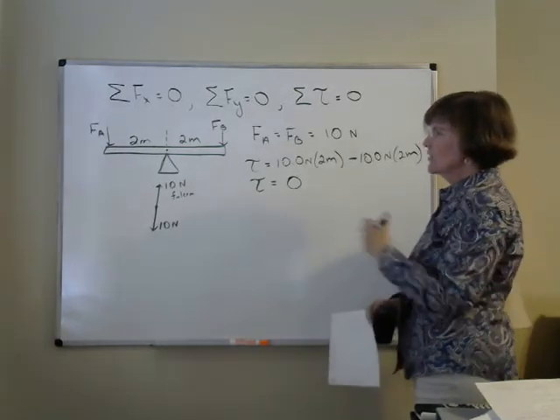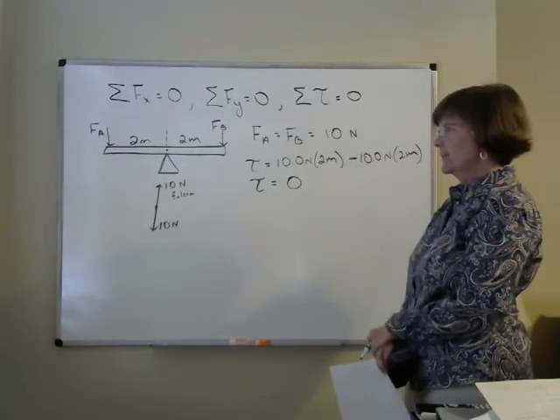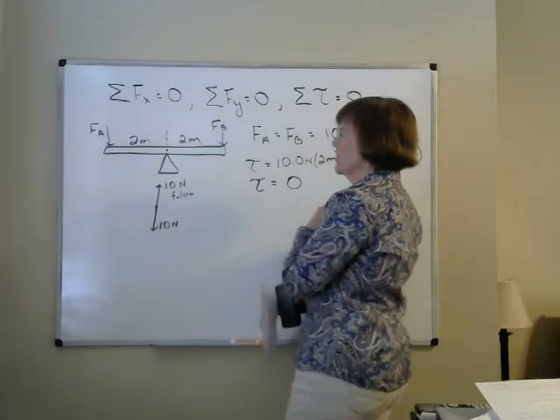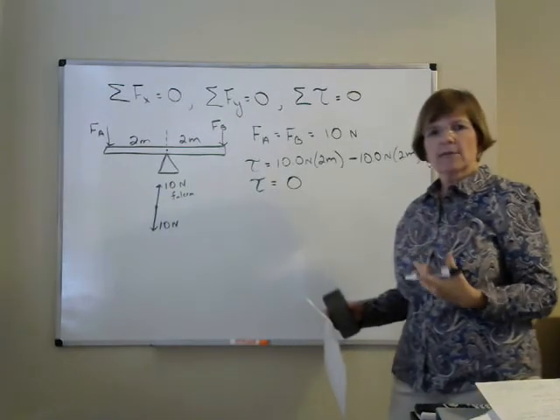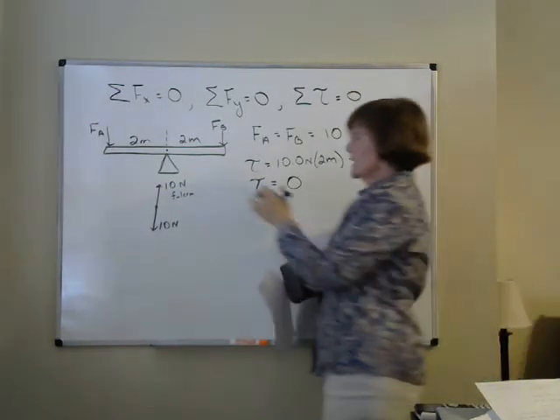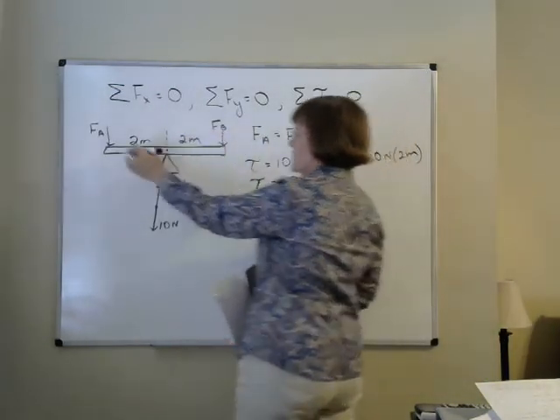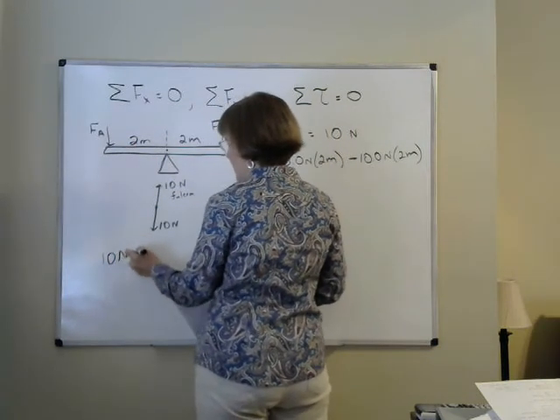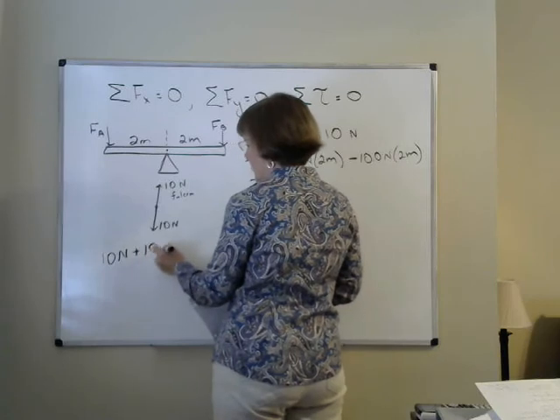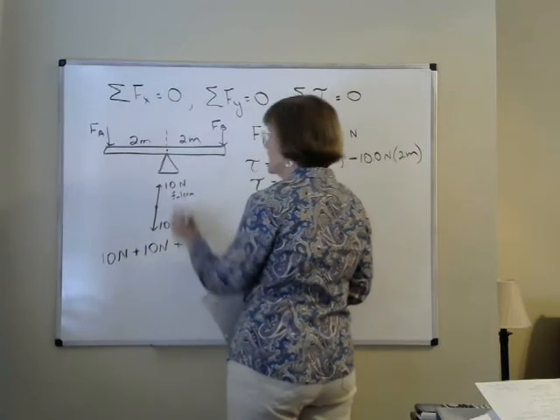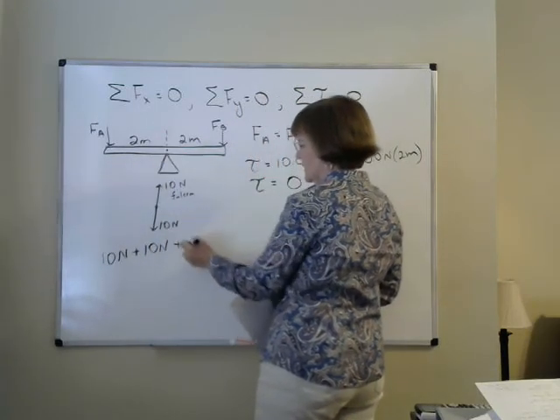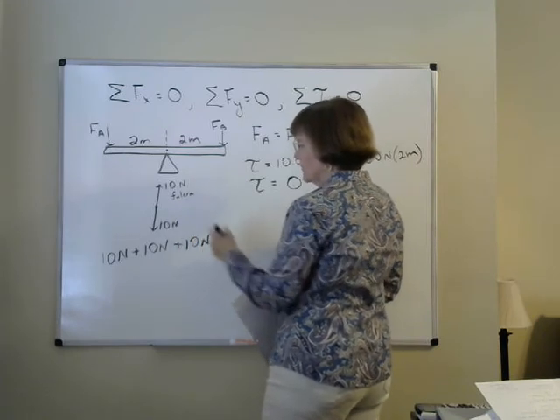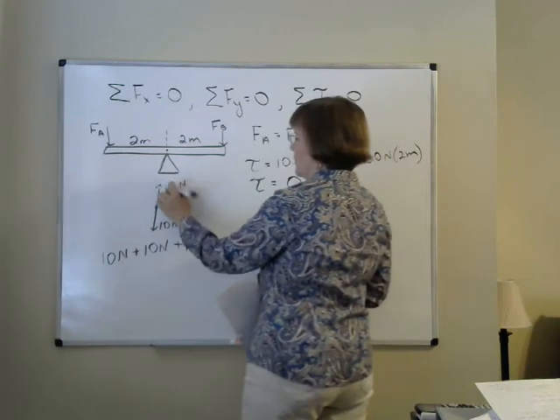It's going to change the force applied by the fulcrum. If I look at the sum of all of the forces, there aren't any horizontal forces that I've drawn, but vertically, what's pushing the downward forces are now the 10 newtons from A, the 10 newtons from B, and the 10 newtons for the weight, this weight right here, which means that the fulcrum will now push up with 30 newtons.